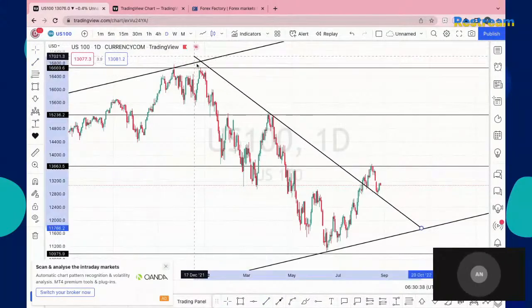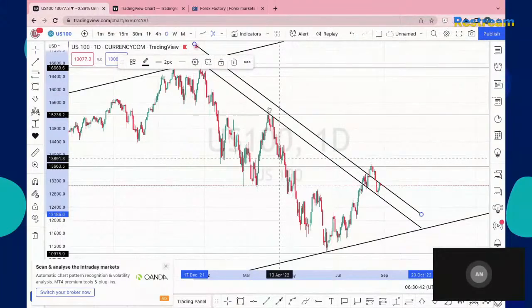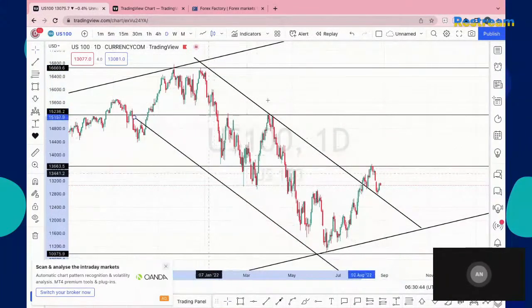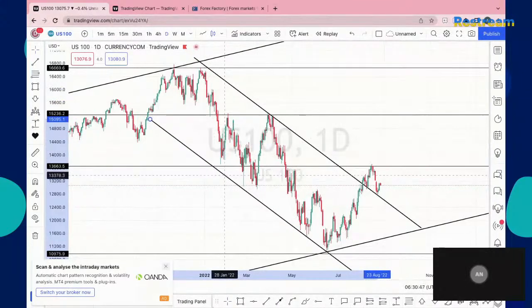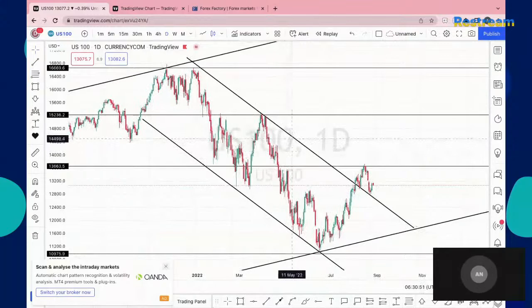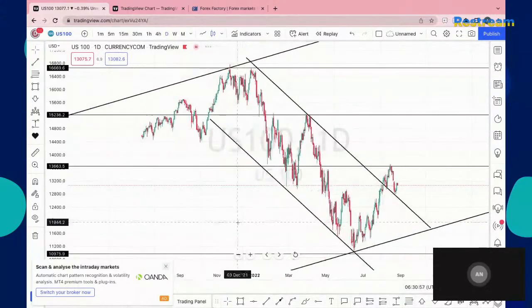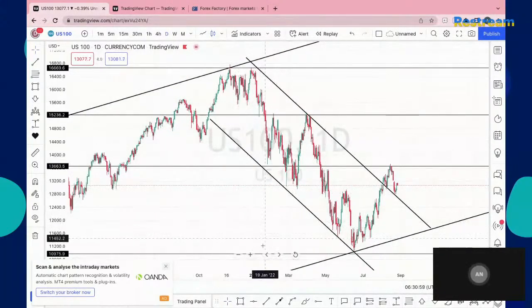Right, so this was my initial US 100 analysis. So in the overall weekly trend, we're in an uptrend.